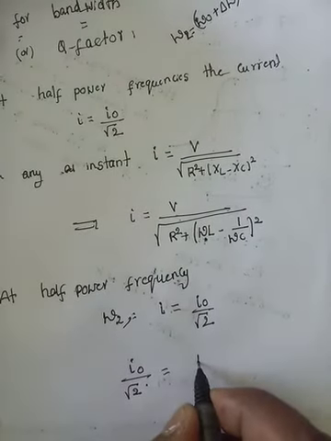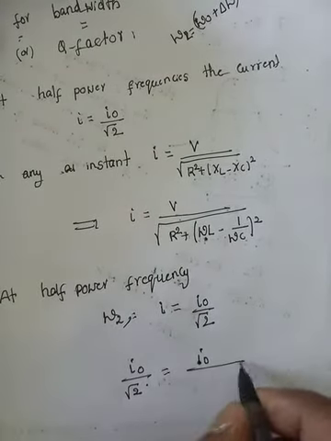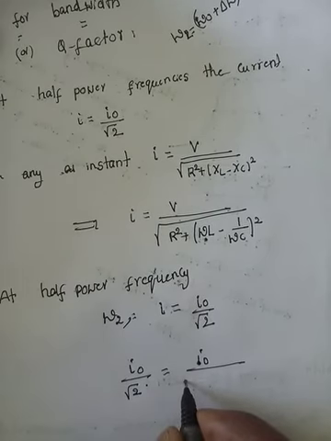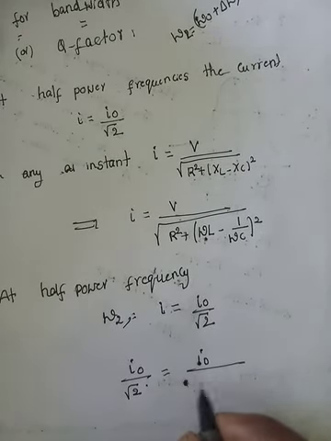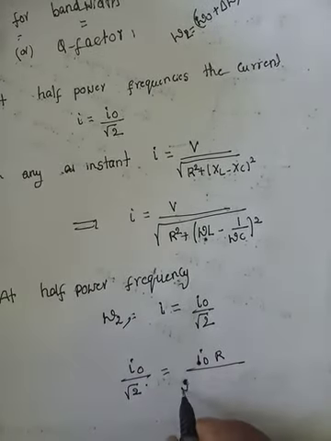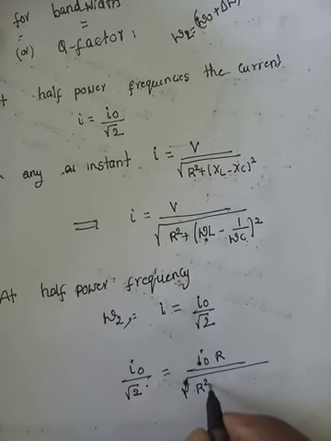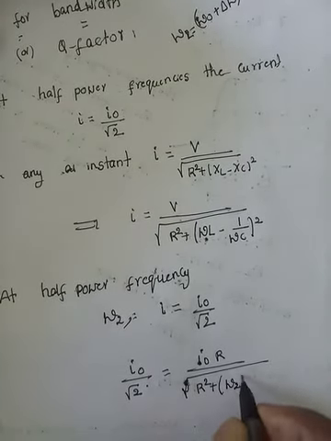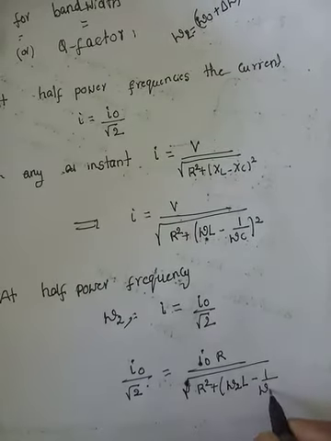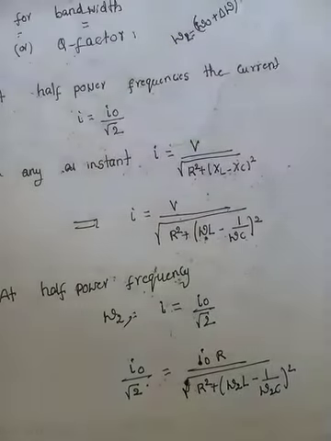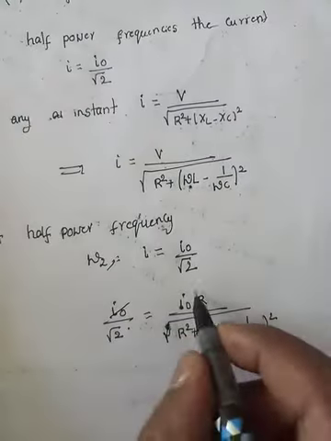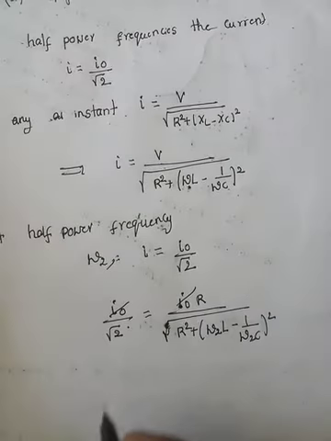is equal to V, which can be written as I naught into R, by under root of R square plus omega 2 into L minus 1 by omega 2 into C, whole square. I naught cancels. Send R here.